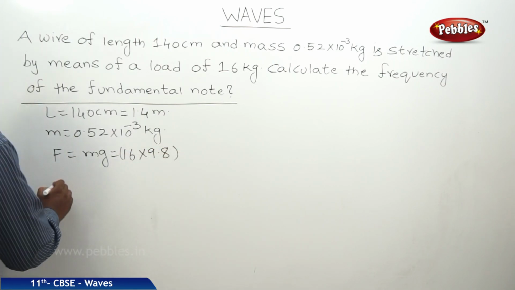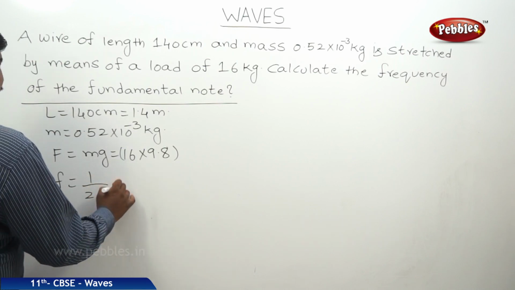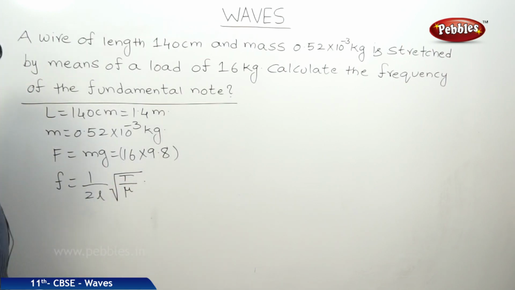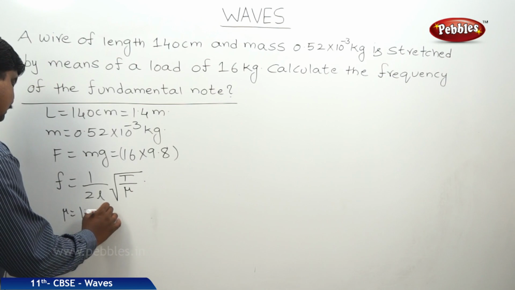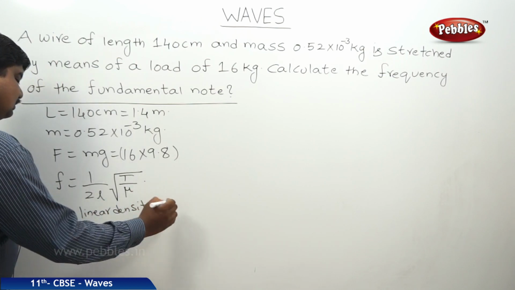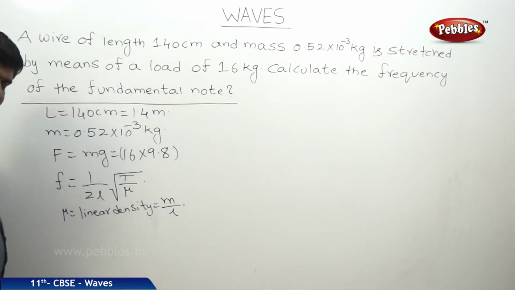We should find out the frequency. Frequency formula is 1 by 2L into square root of T by mu, where mu is linear density, that is equal to mass per unit length.